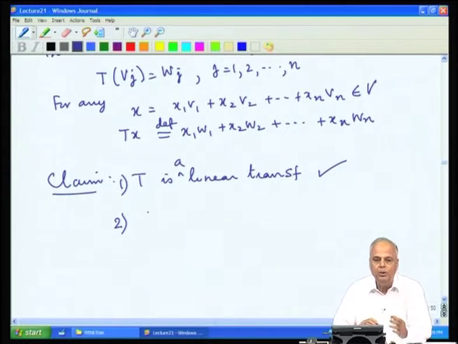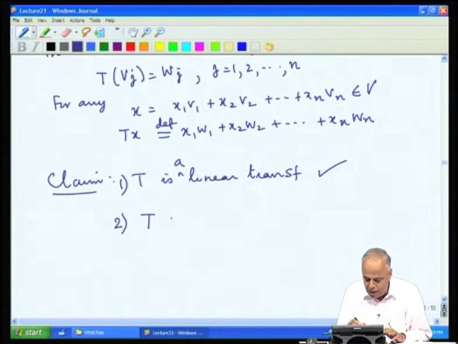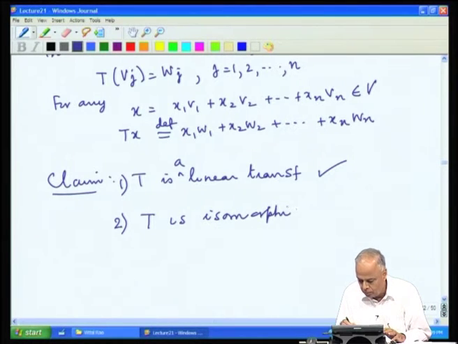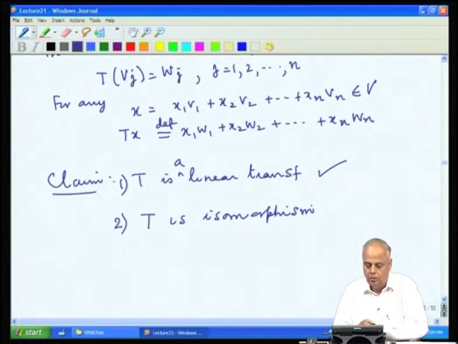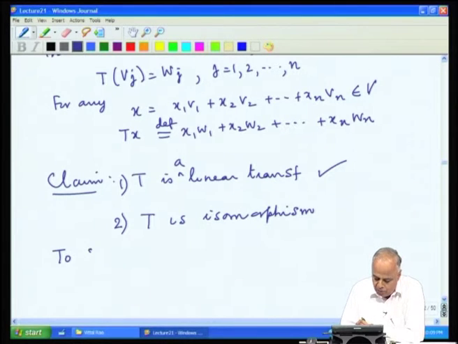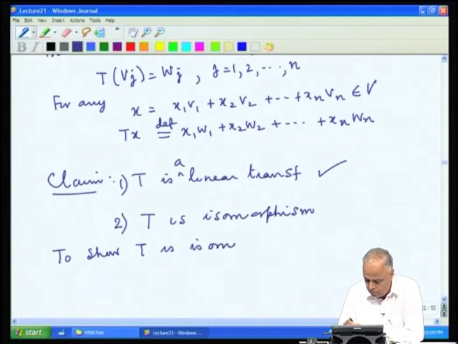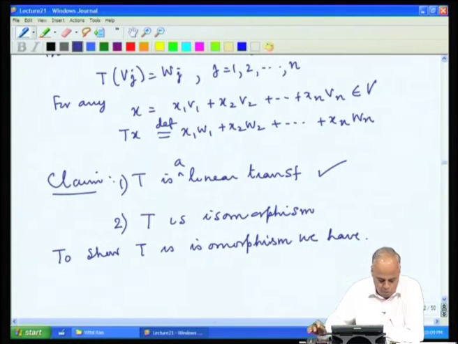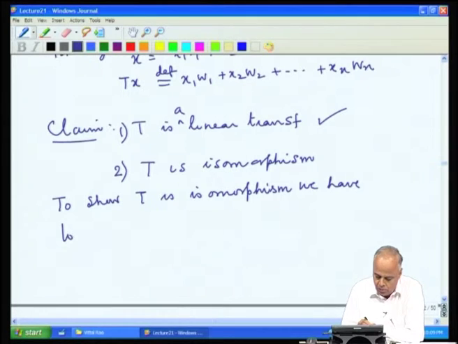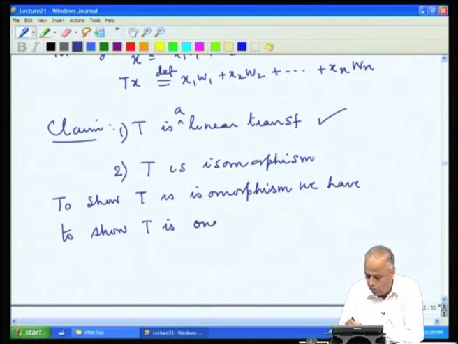So, we are going to claim that T is an isomorphism. To show T is an isomorphism, we have to show that T is 1-1 and onto.